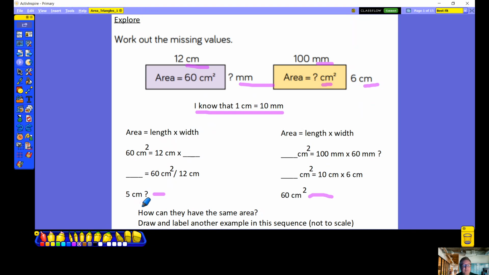I believe what you're picking up is the units of measurement. I have answered the question in centimeters, but originally it wanted it labeled in millimeters. It was a mixed unit question. So what would 5 centimeters converted to millimeters be? Let me know.